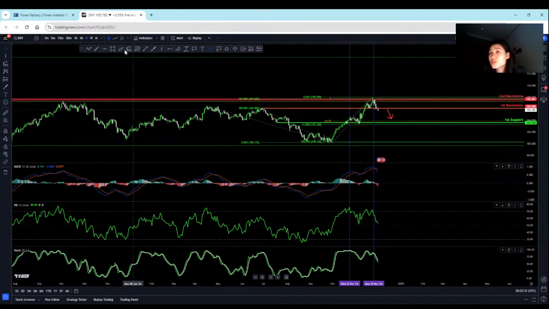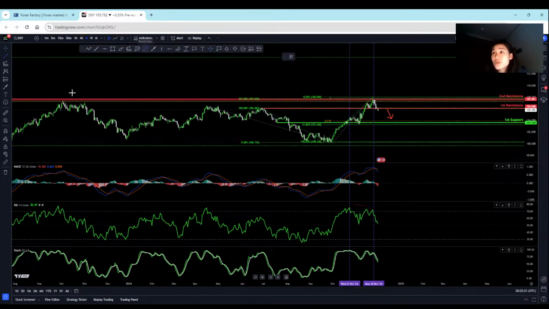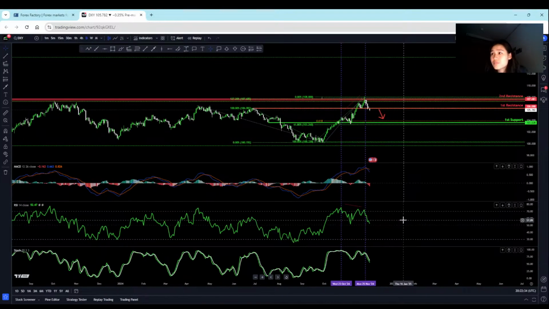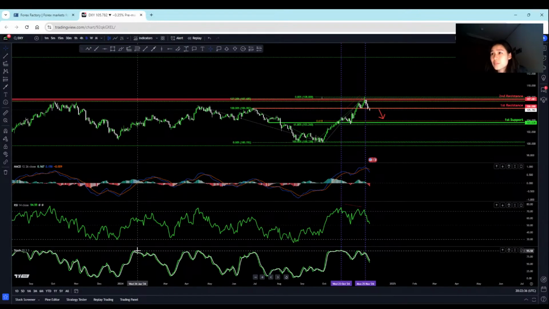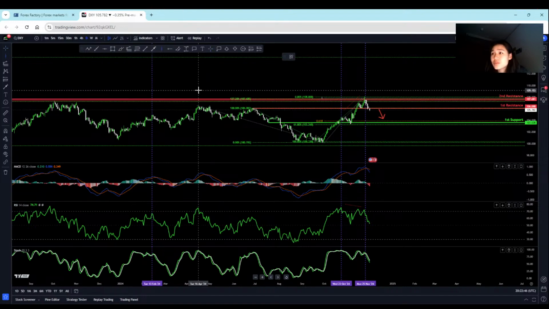On our RSI, what a bearish divergence is, between these two levels for example, our RSI indicator is showing lower highs, whereas on our price chart, you can see prices making higher highs. So this is kind of speculation that prices are going to continue to drop. Another example of this happening in the recent past is between these two levels here.